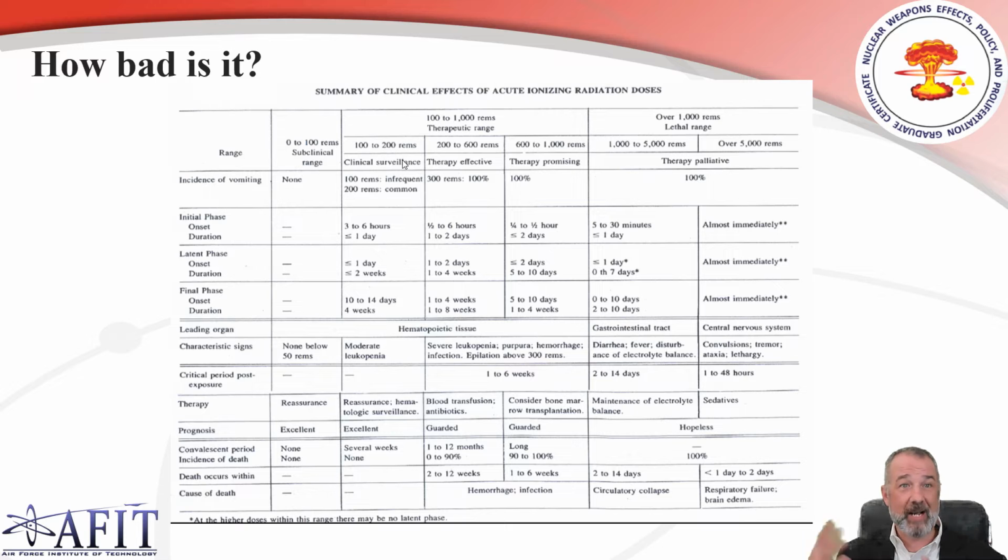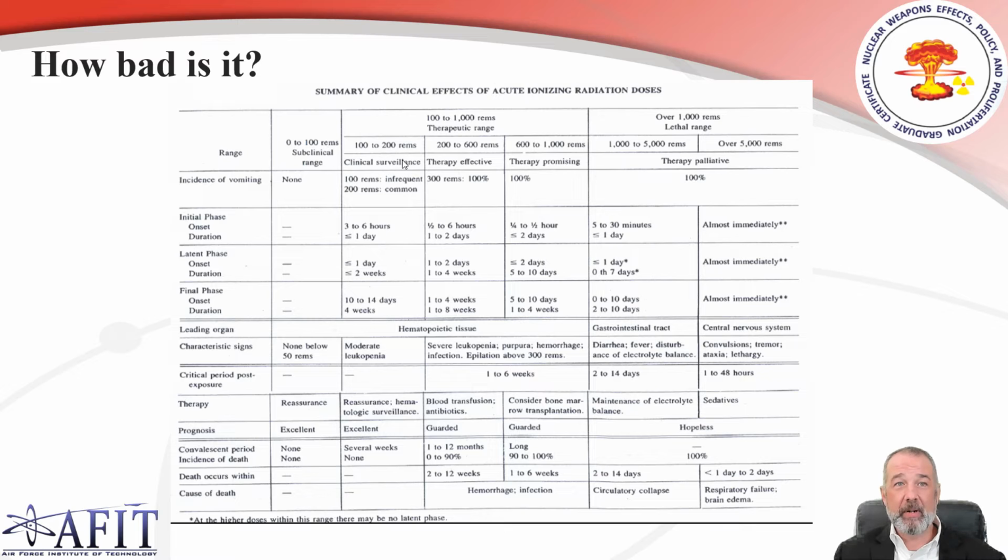So what's the leading organ that's affected with these kinds of exposures? We have the GI tract, esophagus, mouth, your stomach, your intestines, all of that is affected here. And what do we get characteristically? Diarrhea, fever, electrolytic imbalance.